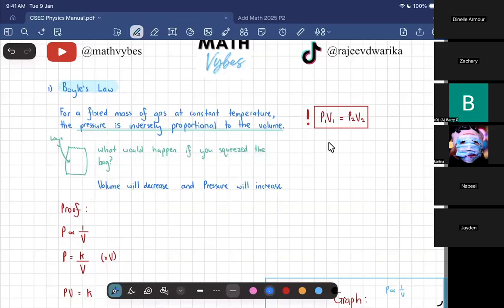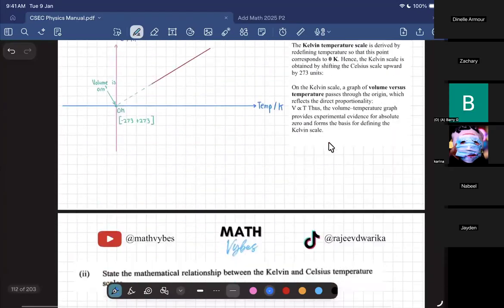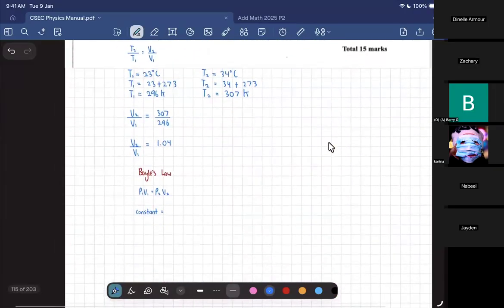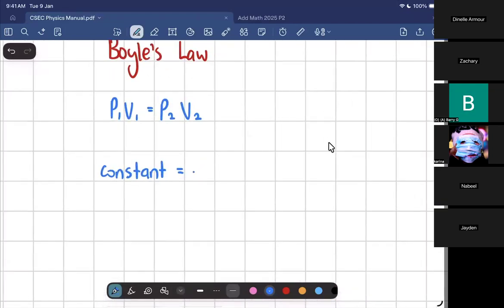For a fixed mass of gas at a constant temperature, the pressure is inversely proportional to the volume. So you see that, right? A fixed mass of gas at constant temperature. Because when two of them are changing, one of them needs to remain constant. So the constants here are the mass and the temperature.